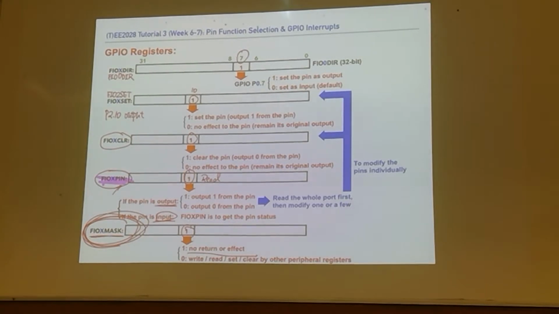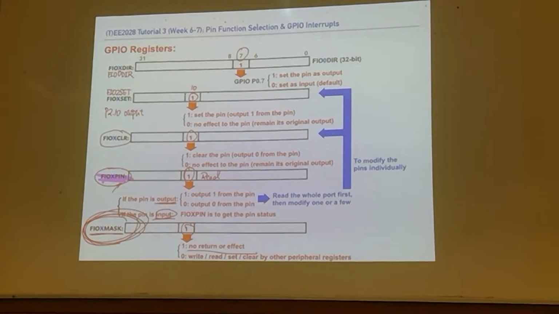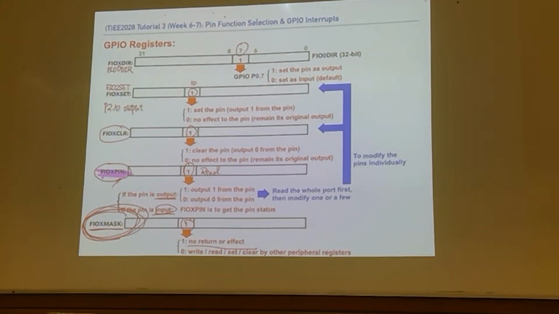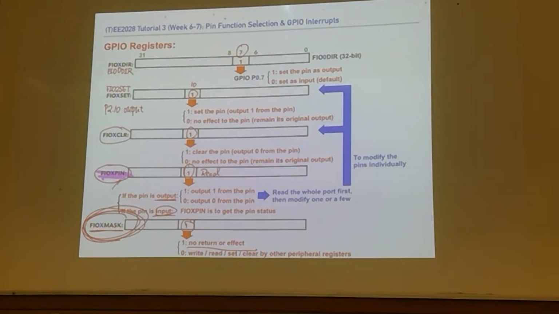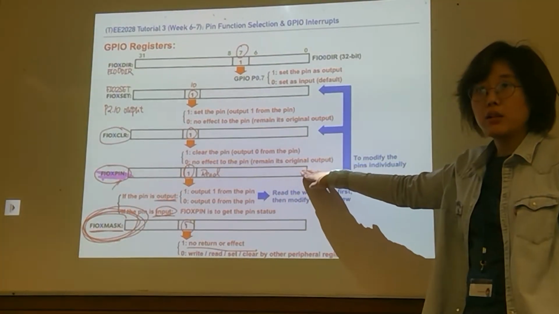FIO pin is either you can modify the output you want to send out if the pin is an output, or you can get the status of the pin if the pin is an input, right? So for our case, what are our pins? Output or input? Output, right? So if I try to write A to this one, what are we doing?